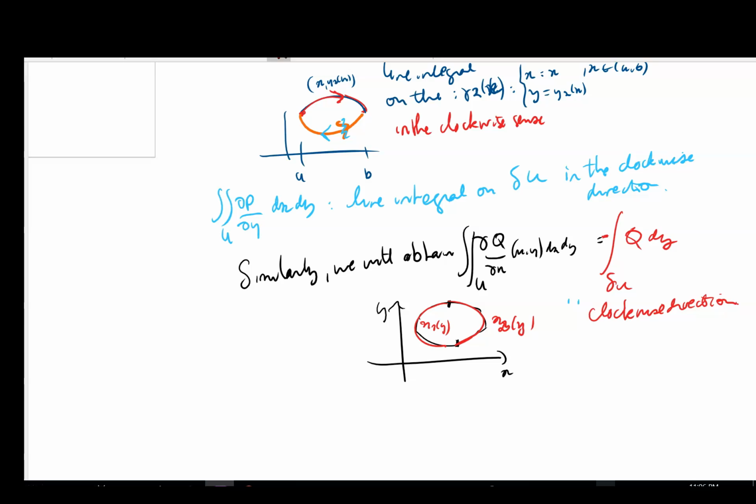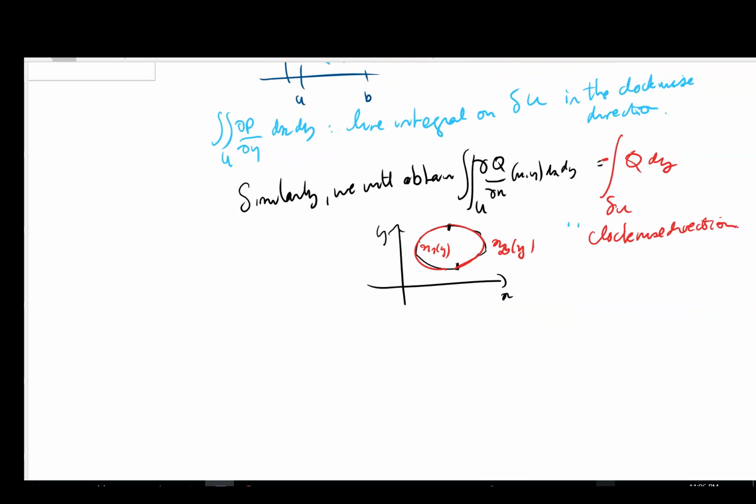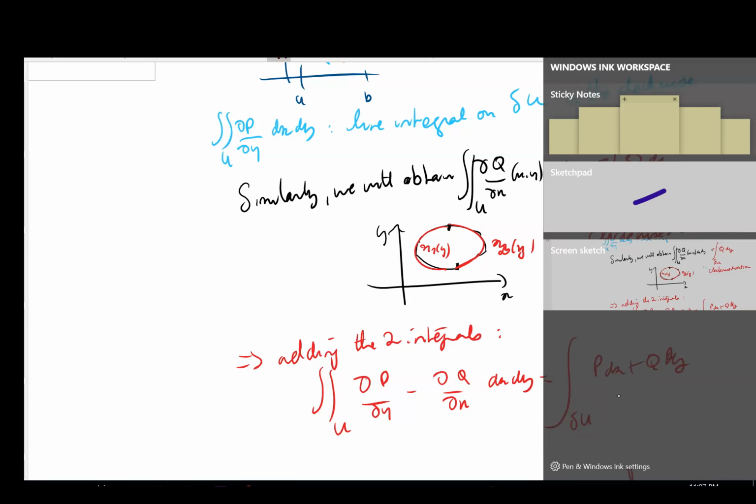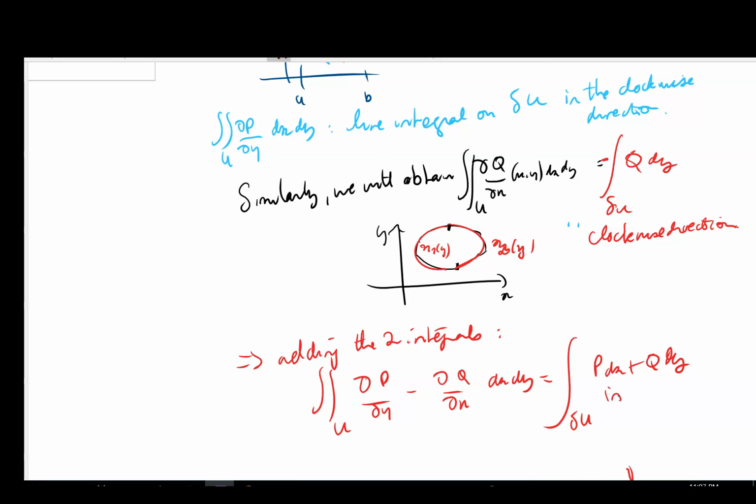Then if we add the two integrals that we obtained, we get that the double integral of dP over dy minus dQ over dx, dx dy, is equal to the line integral on delta U of P dx plus Q dy in the clockwise direction.